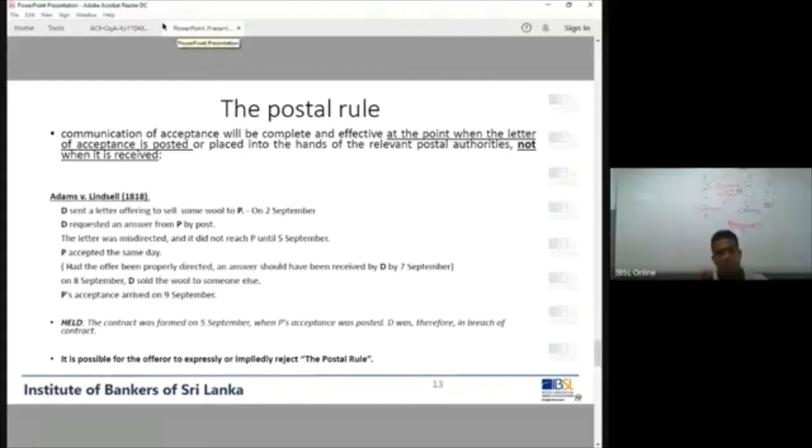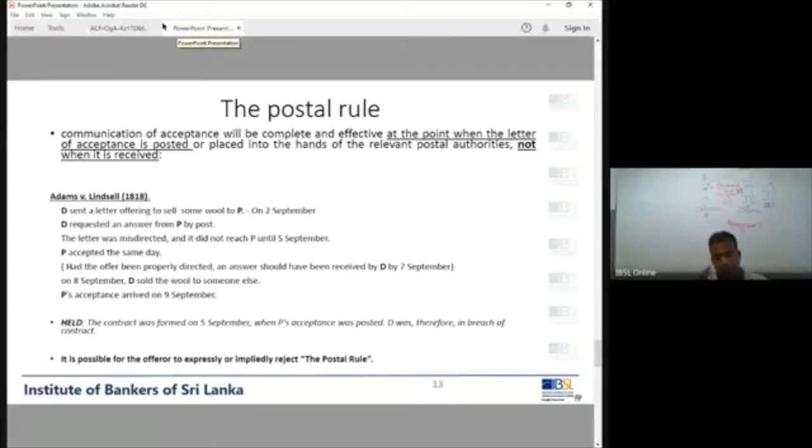When I say it is applicable only to the acceptance, don't apply the postal rule to the offer. This is a common mistake in exams. When we give a case study, people write answers saying the postal rule applies to the offer. That means you have not studied the principle correctly.